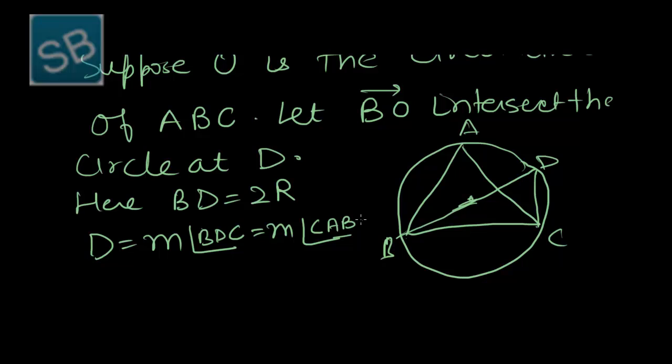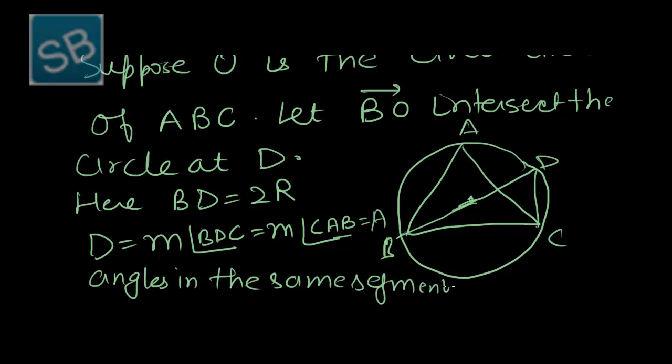Because CAB is A, and angles in the same segment are always equal. So these angles are in the same segment, so this angle is equal to this angle. That is, angle A is equal to angle D.